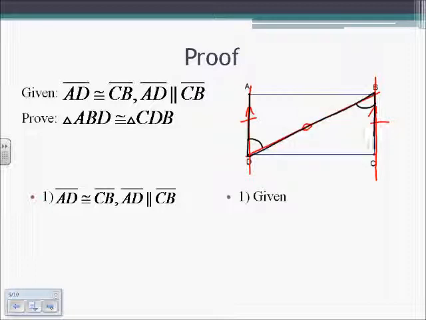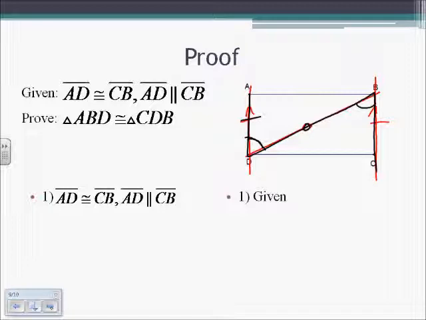I notice I have the black Z, and I have the angles in there that are congruent by alternate interior angles, as the corners of the Z imply that. So therefore then, by side, angle, side, the two triangles are congruent.